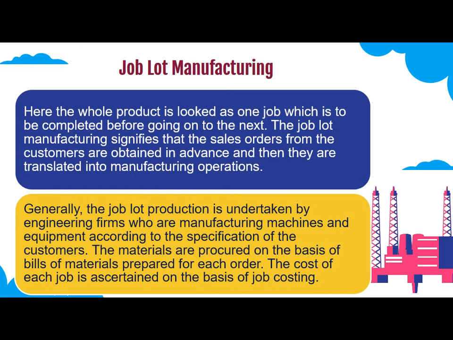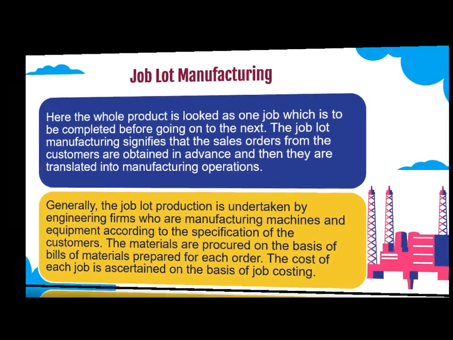Generally, job lot production is undertaken by engineering firms who manufacture machines and equipment according to the specification of the customers. The materials are procured on the basis of the bill of materials prepared for each order. The cost of each job is ascertained on the basis of job costing.